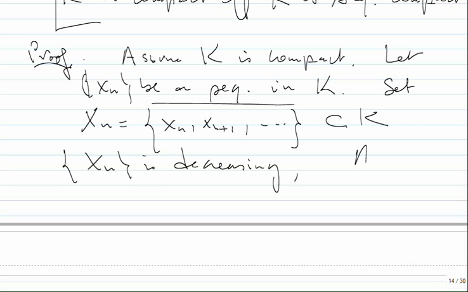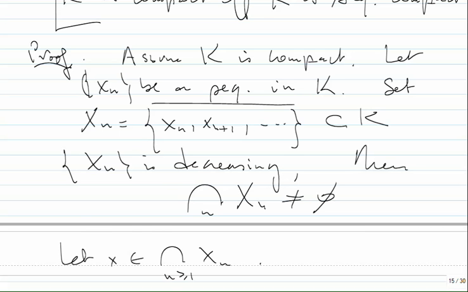Then the intersection of the Xn's with K is not empty. Since they are in K, we can drop K. Let x be in the intersection.